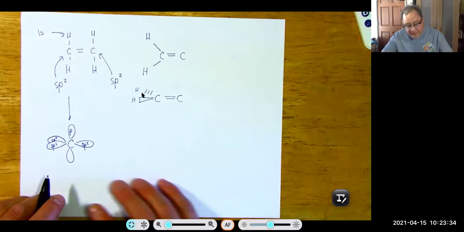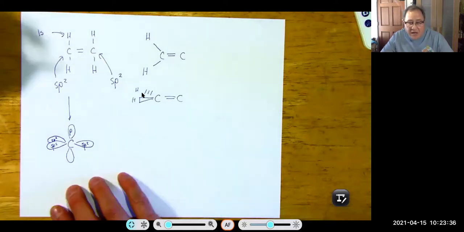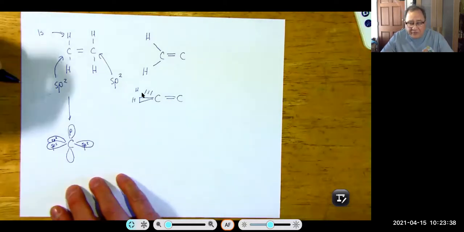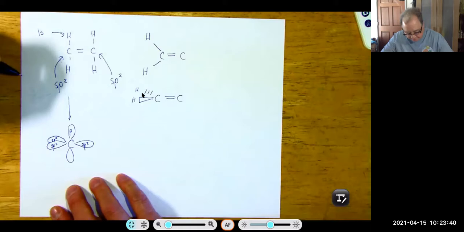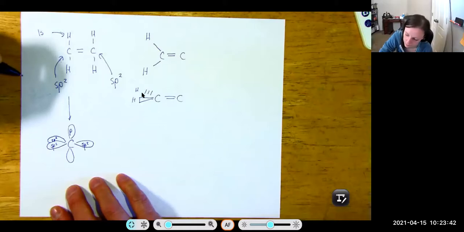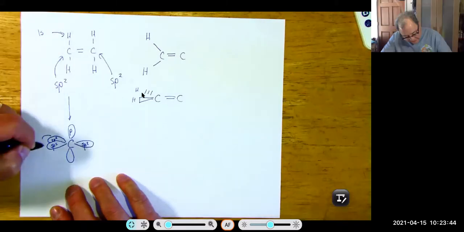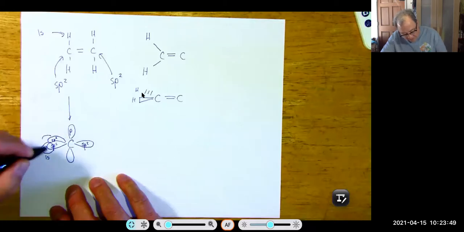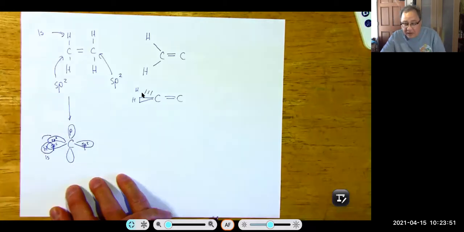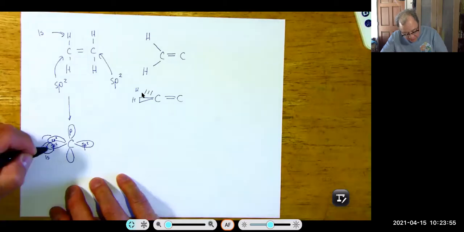Now, valence bond theory says that to make a bond, orbitals have to overlap. So here is a hydrogen orbital, a 1s orbital, overlapping with a carbon sp2 hybrid orbital. And this is a bond right here. Normally you put 2 electrons in there.